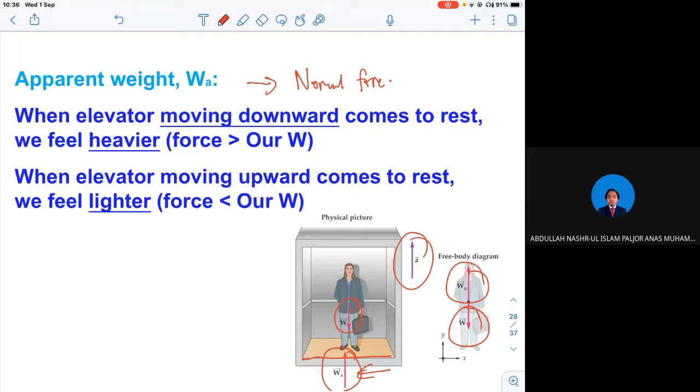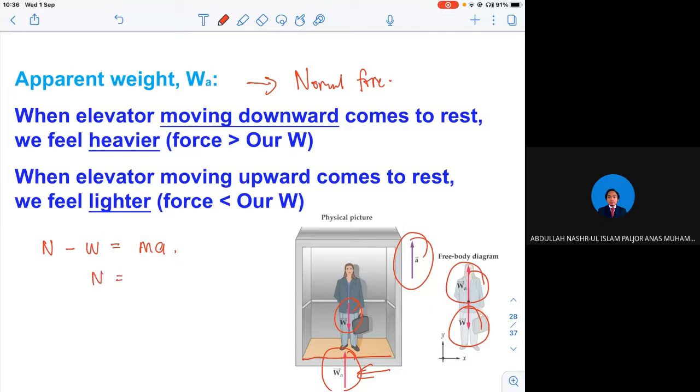When the acceleration is going upward, we can write it down as normal force minus W equivalent to MA.